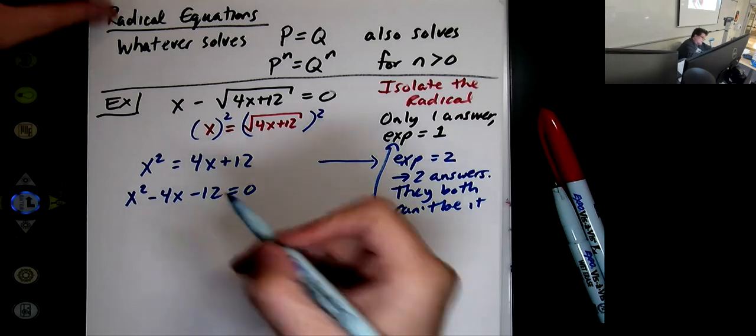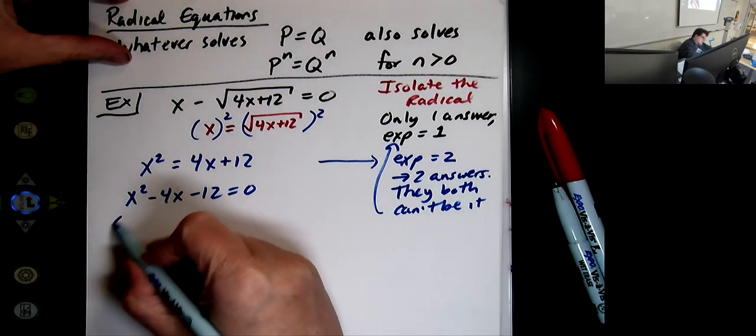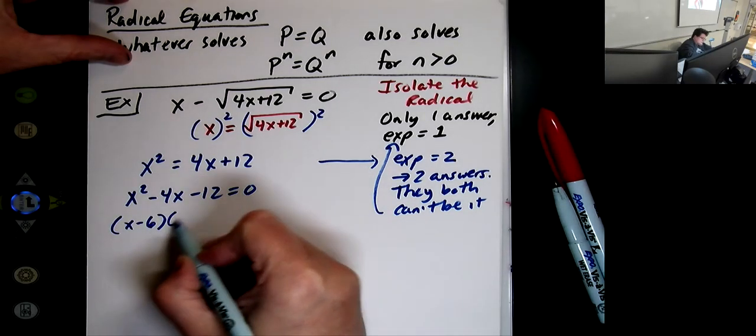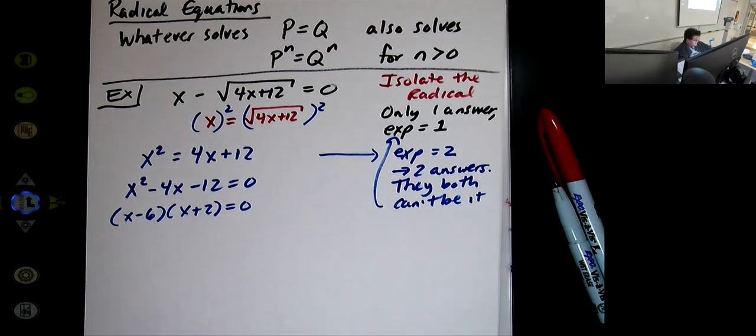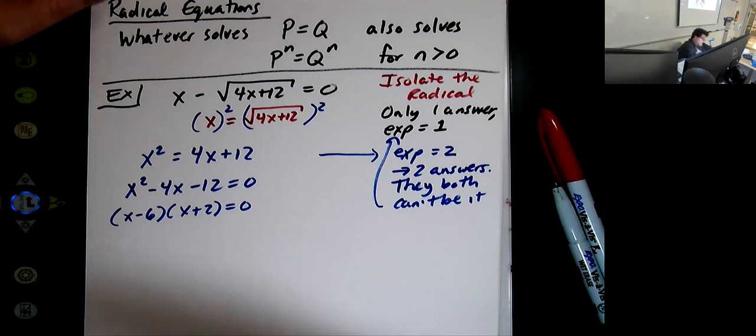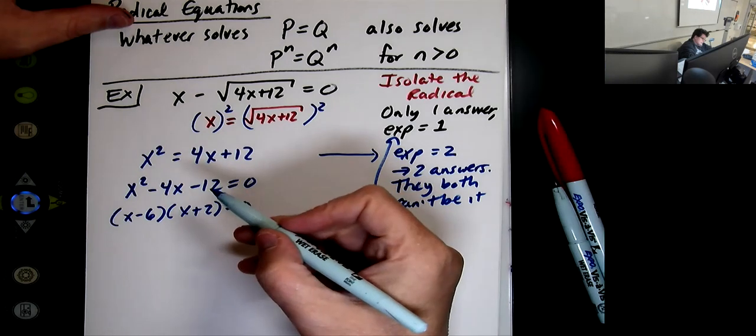And it might take you a little bit, but you can factor it. You should get x minus 6 and x plus 2. And I get, is that right?